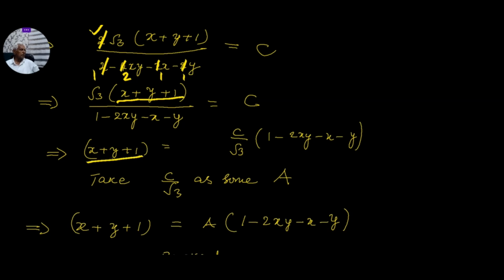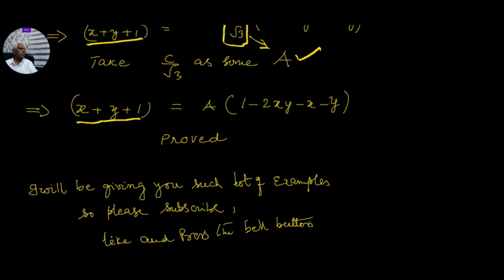So this whole thing equal to C times (1 minus 2xy minus x minus y) by root 3, C by root 3. This C by root 3 we can take as A, some parameter. So x plus y plus 1 equal to A times (1 minus 2xy minus x minus y). Proved.